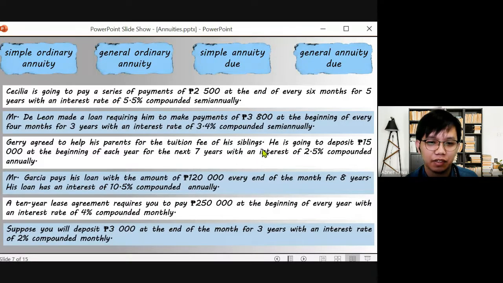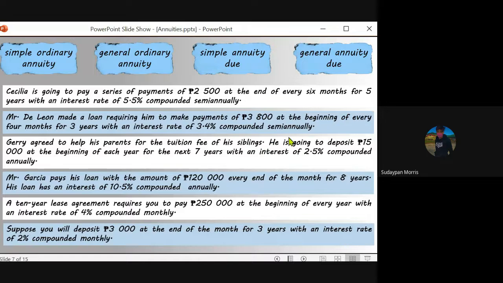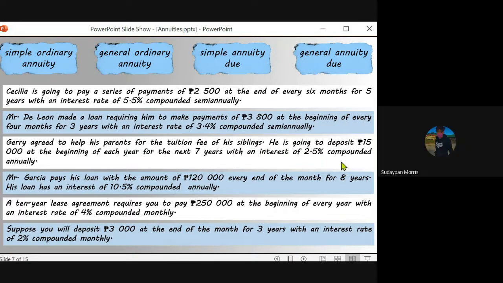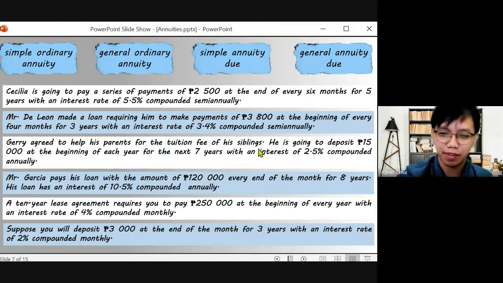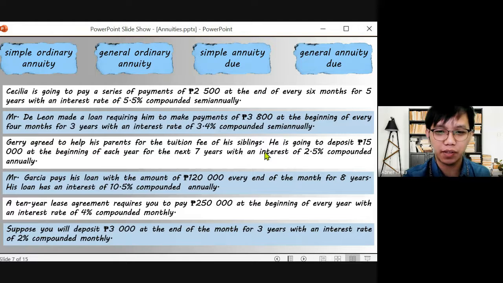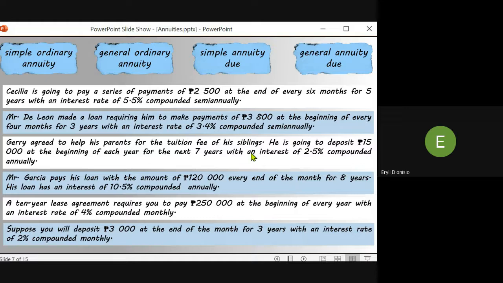Okay. Who has a different answer? Let's check. How about the others? Any answer na? Mr. Morris, alam mo na yung sagot. Eril, anong sagot mo? Sir, simple annuity.